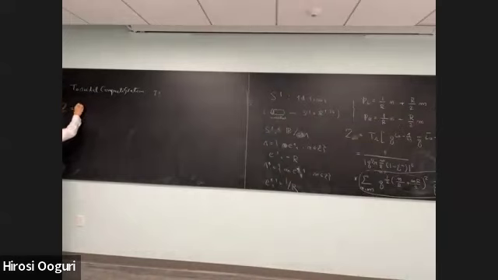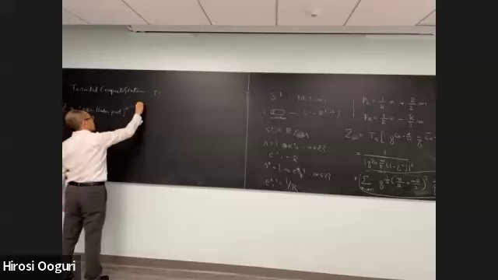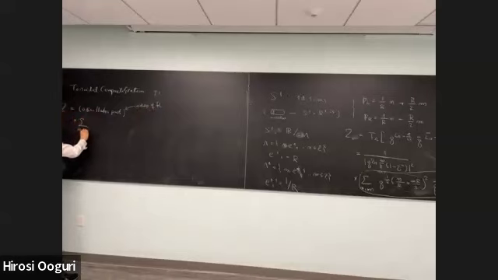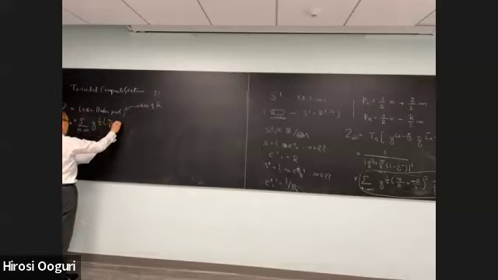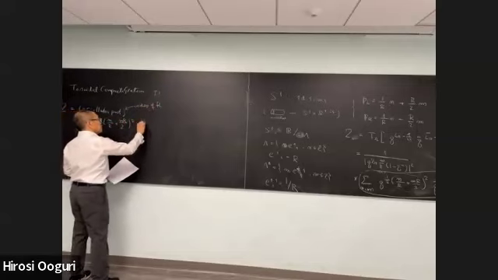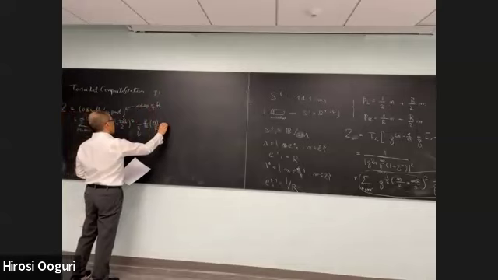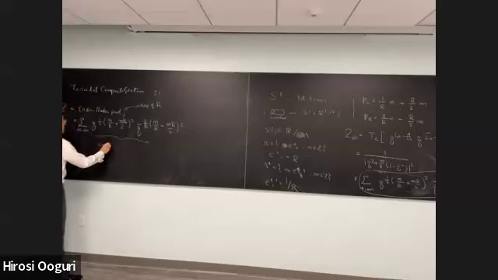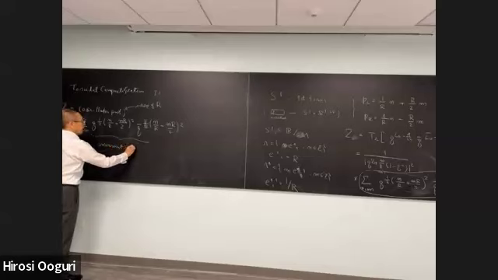So Z is equal to the oscillator part, which is independent of R, times the sum over momentum and winding, and this is invariant under R goes to 2 over R.